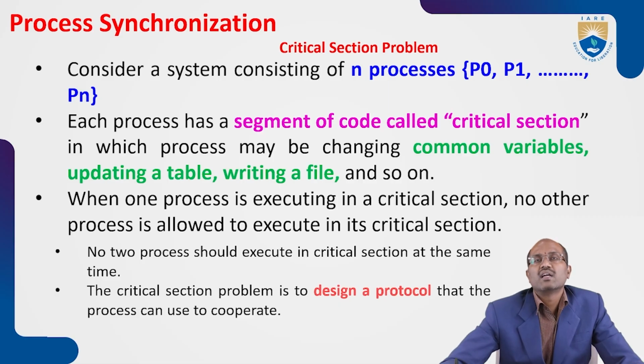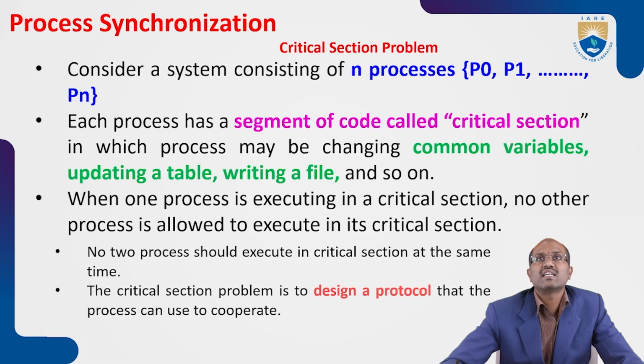Consider a system consisting of n number of processes, P0, P1, P2, and so on up to n processes. Each process has a segment of code called the critical section, in which the process may be changing common variables, updating a table, writing a file, and so on.